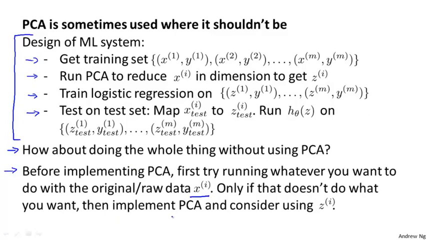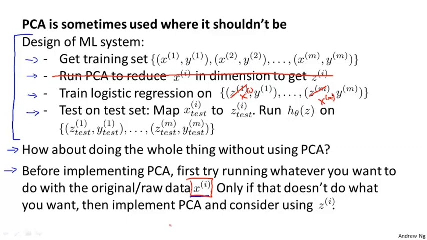So before using PCA, instead of reducing the dimension of the data, I would consider, let's ditch this PCA step, and let's just train my learning algorithm on my original data, just use my original raw inputs x^(i). I would recommend trying whatever it is you're doing with the x^(i) first. And only if you have a reason to believe that doesn't work.